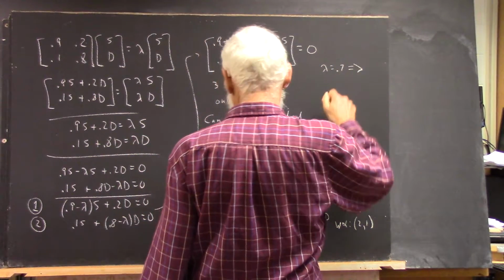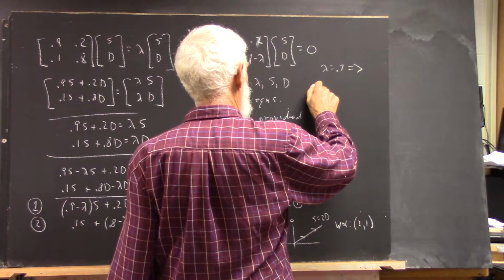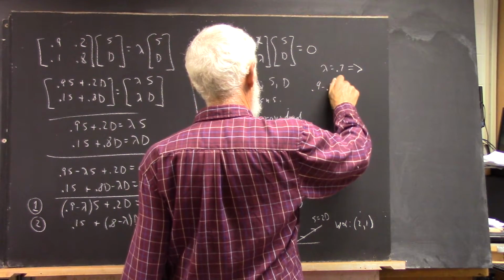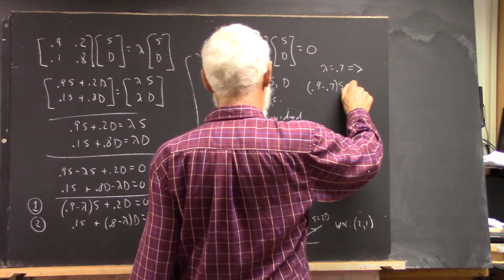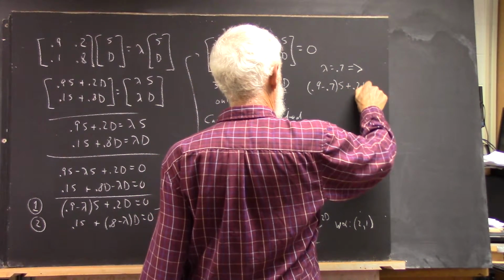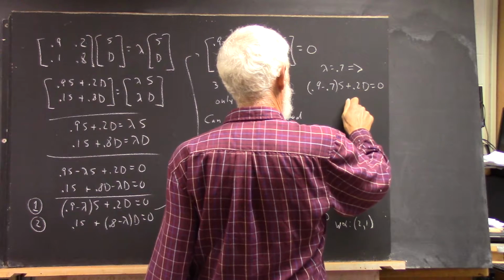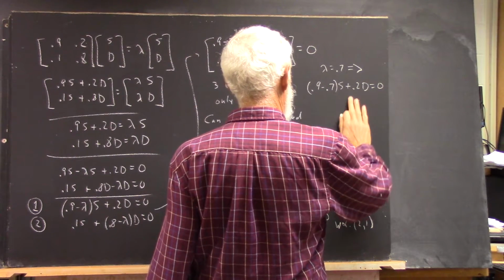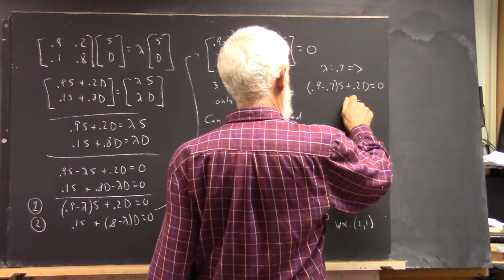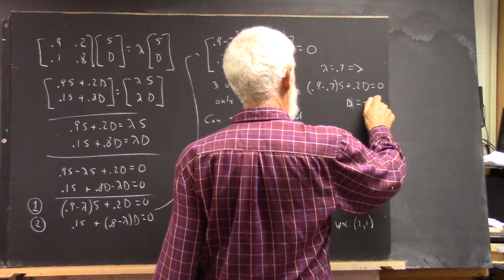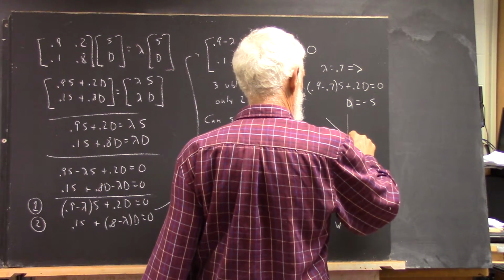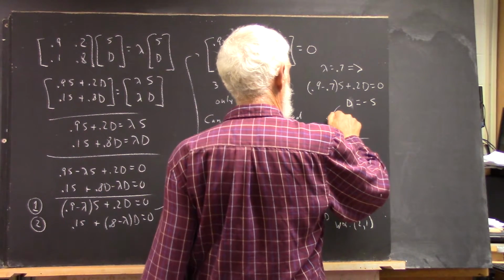Okay? Then, if lambda is 0.7, you get (0.9 minus 0.7) S plus 0.2D equals 0. Solve for D. D equals negative S. And the picture of that is along this line.